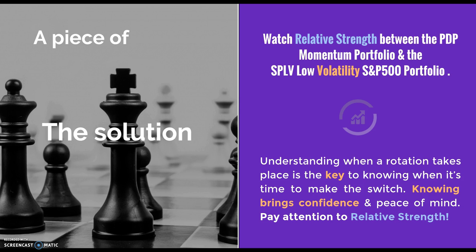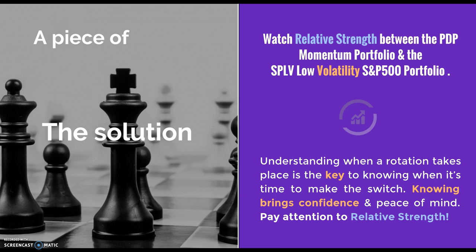Now, when people get cautious, scared, defensive, they tend to want to migrate out of high relative strength leaders and into defensive names. That's their way of trying to protect without going to cash. Understanding when this rotation takes place is great because you know that's when it's time to take a switch from either high volatility to low volatility and so forth.